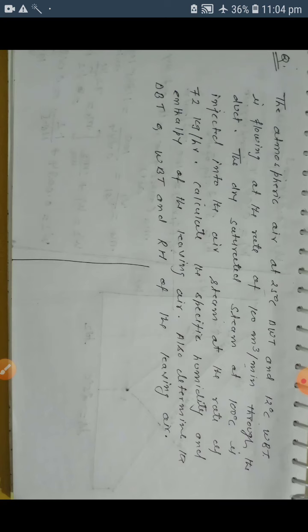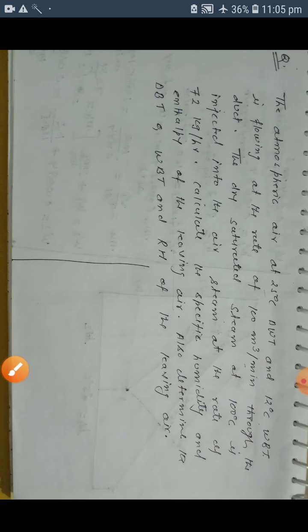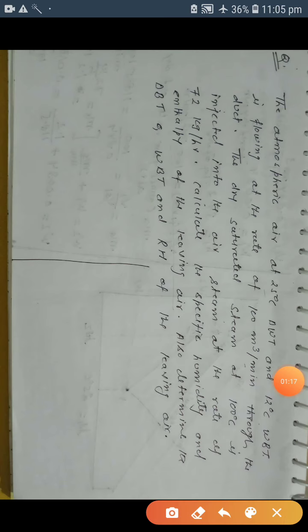So given is 25 degree centigrade dry bulb temperature and 12 degree centigrade wet bulb temperature. Here given is 25 degree centigrade dry bulb and 12 degree centigrade wet bulb temperature.